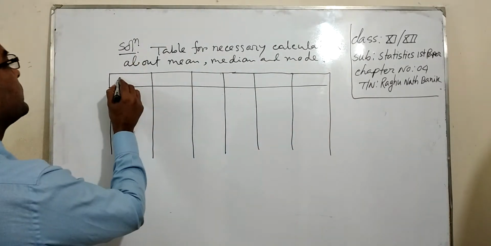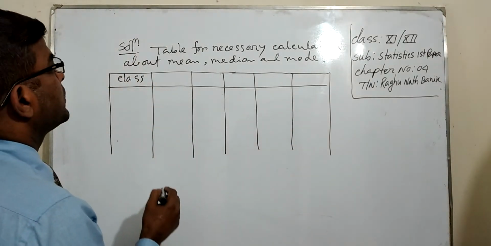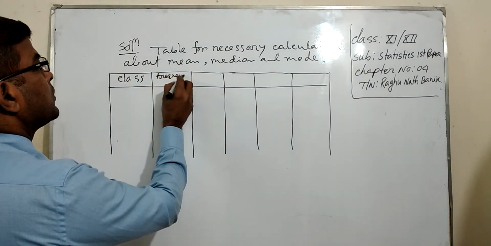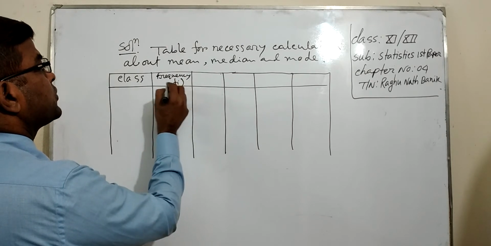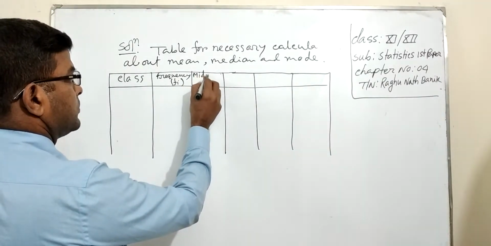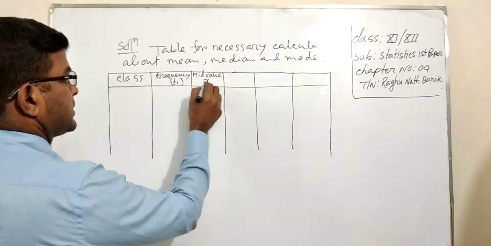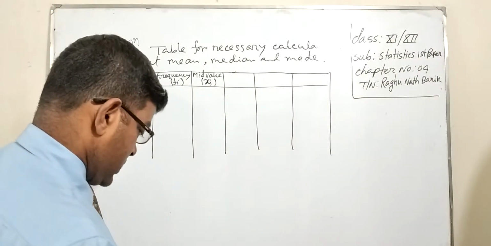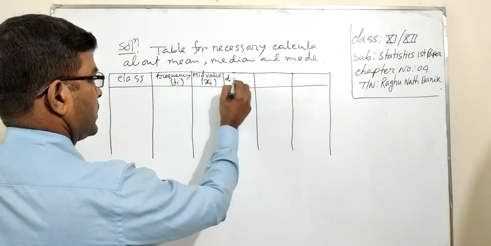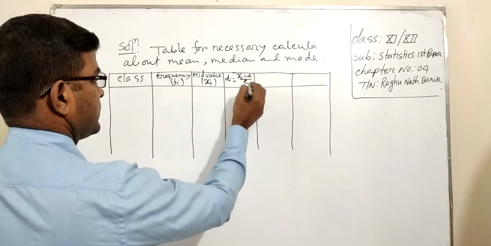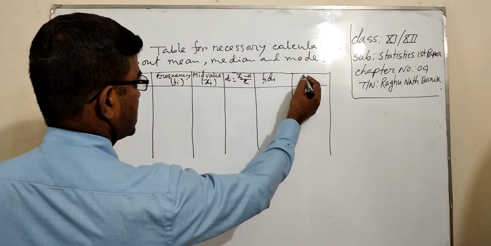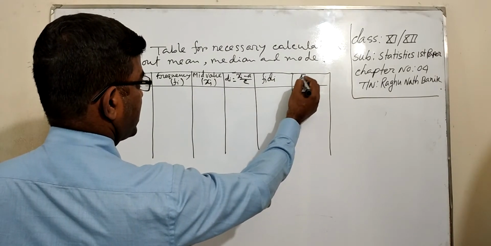Columns: class, frequency denoted by Fi, mid value Xi, di equal to Xi minus A by C, Fi di, and cumulative frequency Fc.